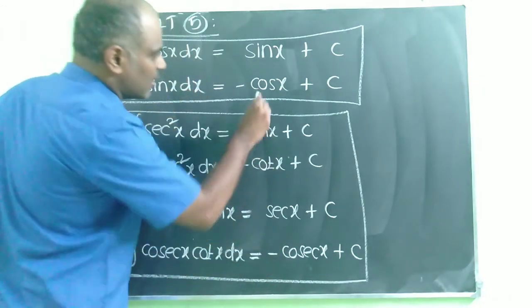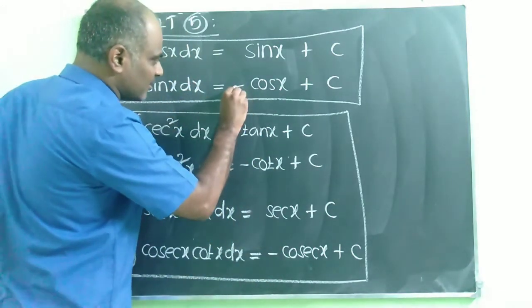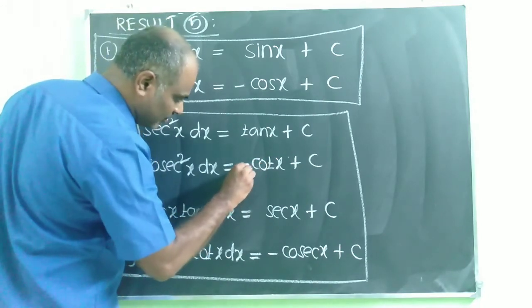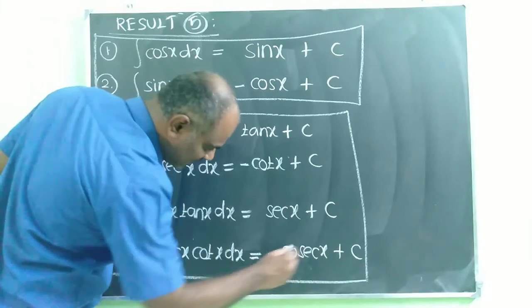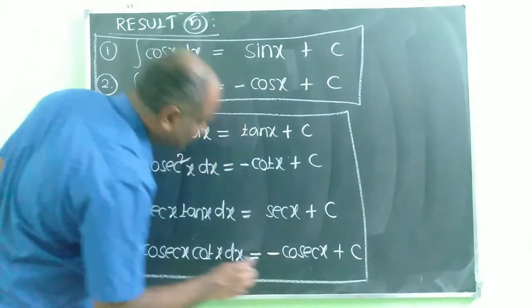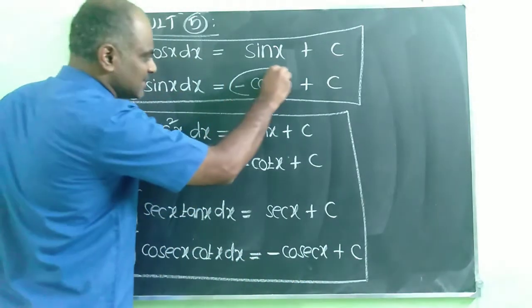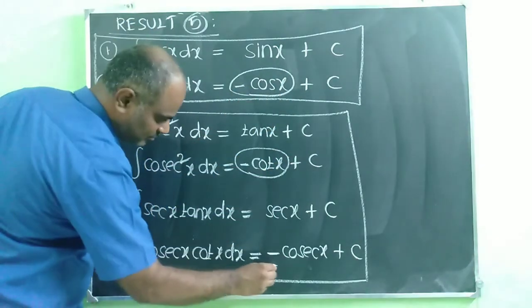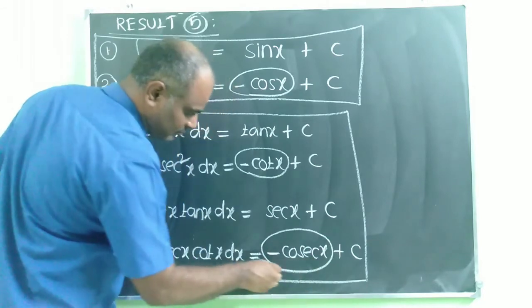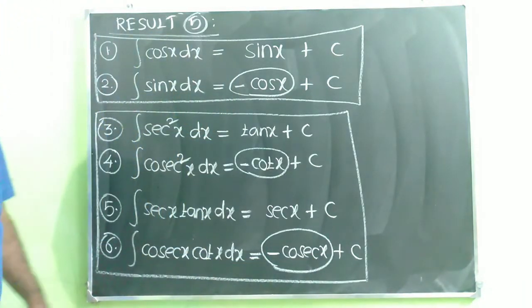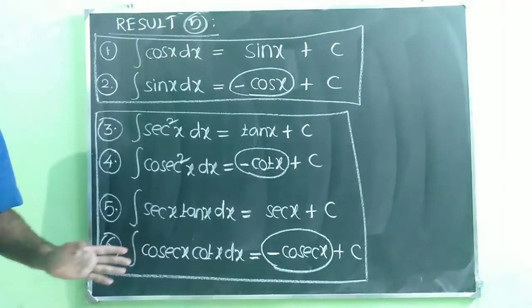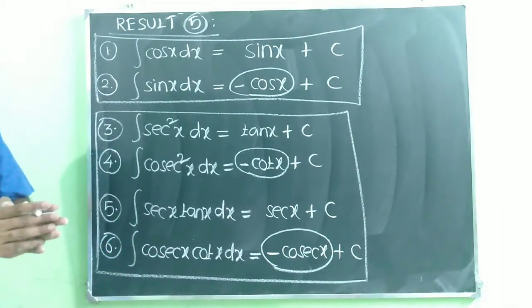In front of cos x, in front of cot x, and in front of cosecant x you put minus. So carefully see this. You have to memorize these six formulas, then only you can solve the problems.